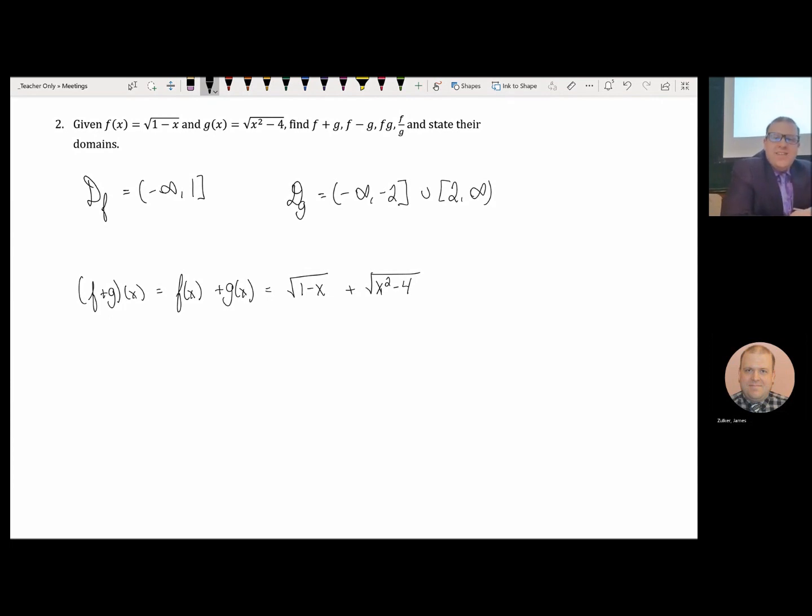So f plus g, f of x plus g of x. Can that be simplified? Because that's what we're trying to find. You think that can be simplified? How?